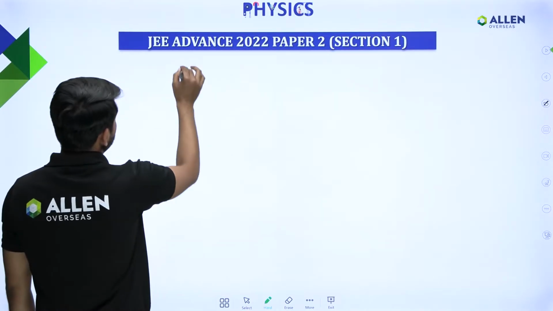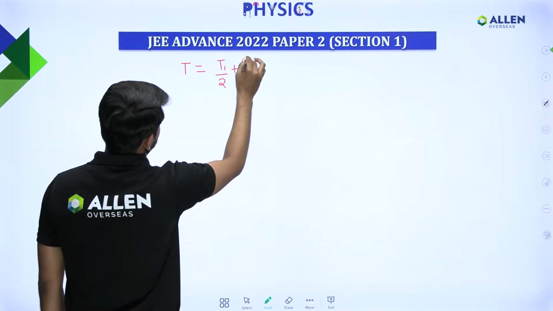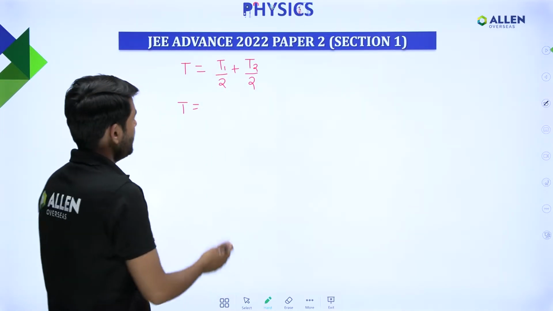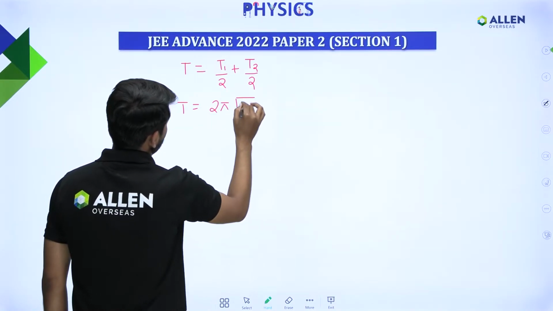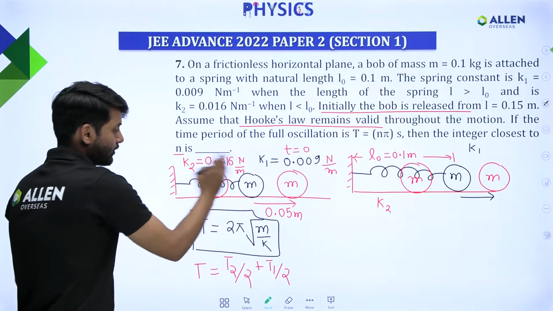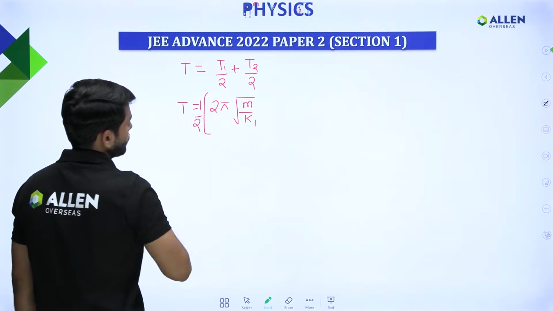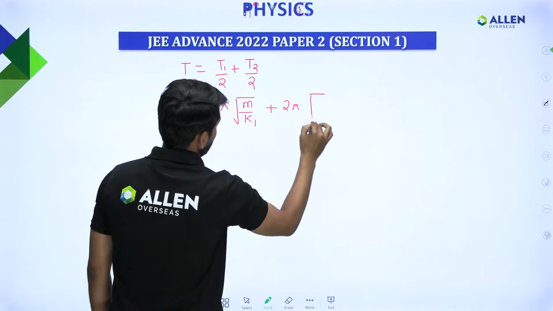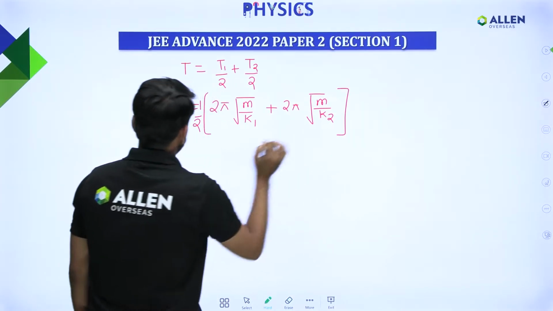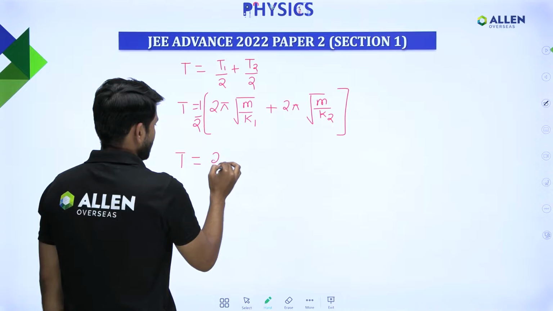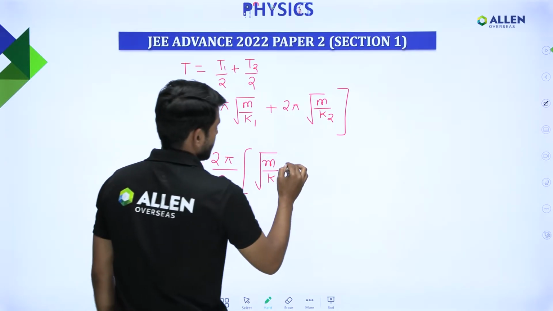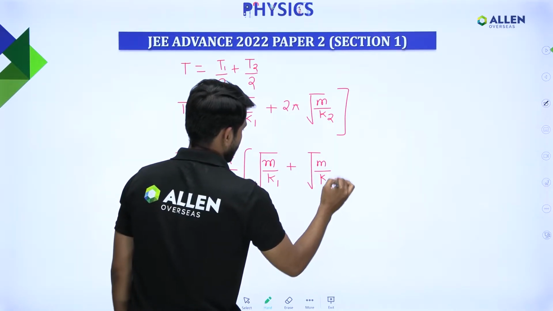So T is T1 by 2 plus T2 by 2, and you know that T is 2 pi under root m by K. So you can write 2 pi under root m by K1, because the spring constant is different for this condition, taking 1 by 2 common, plus 2 pi under root m by K2. Then taking 2 pi by 2 common, under root m by K1 plus under root m by K2.